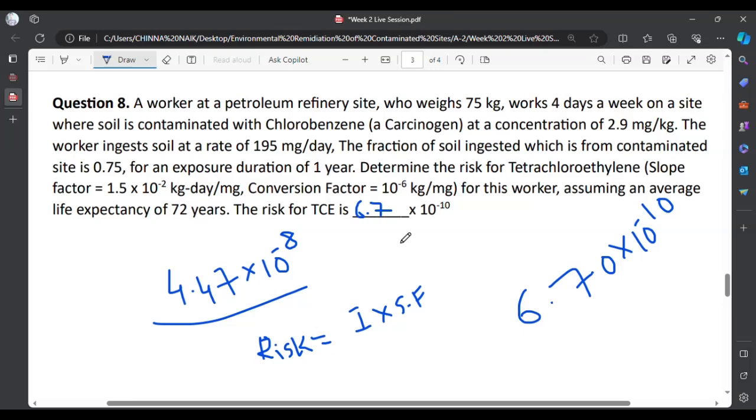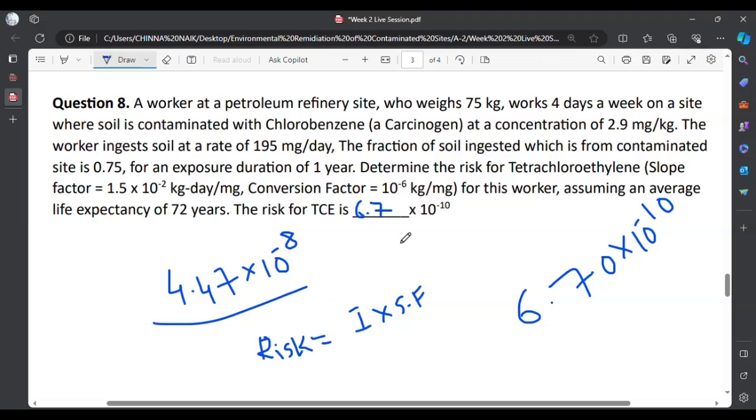And in carcinogen condition, we calculate the risk as intake into slope factor. Typically, if it is greater than 10 power minus 6, then it is unacceptable. If it is less than 10 power minus 6, it is acceptable.